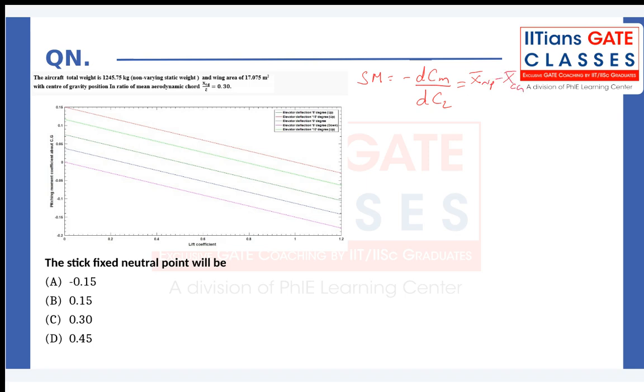And we need to find this x bar NP. Slope you can find out using any of the lines. I think last class what we had used was the first line, which is most convenient, the pink line. So try doing it. You need to find the slope of the line, and then CG is given to you directly, then you can get your neutral point from this equation.